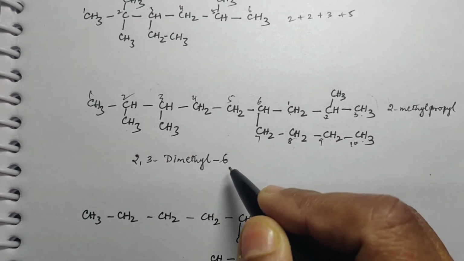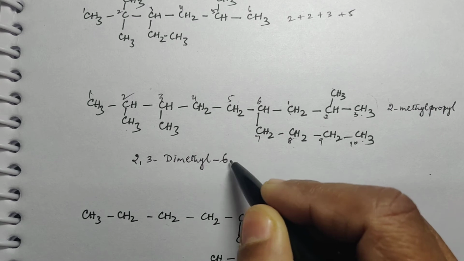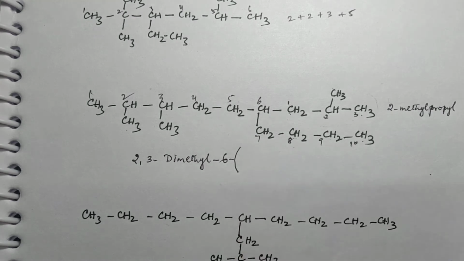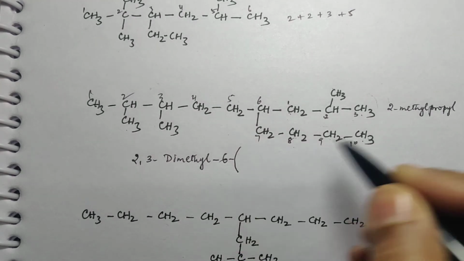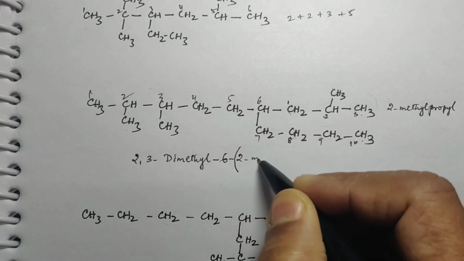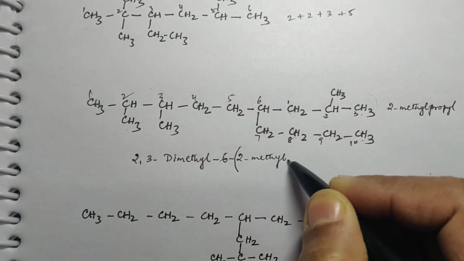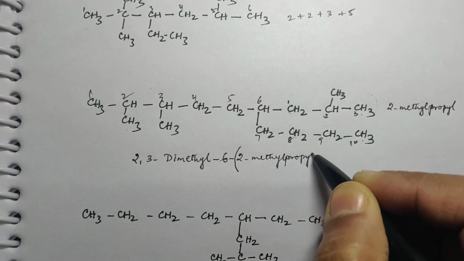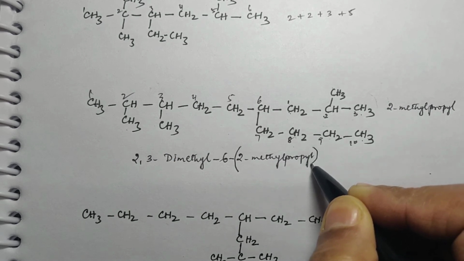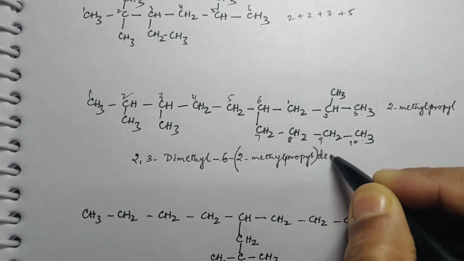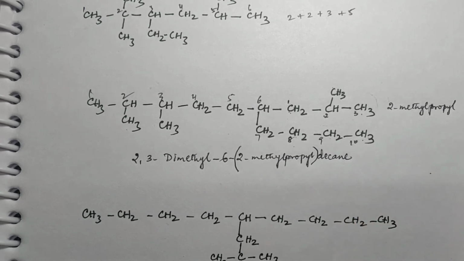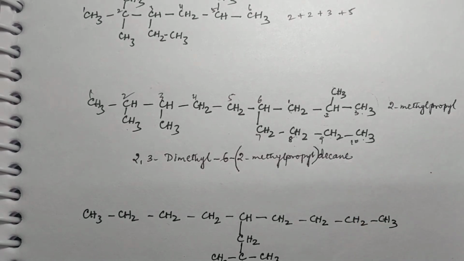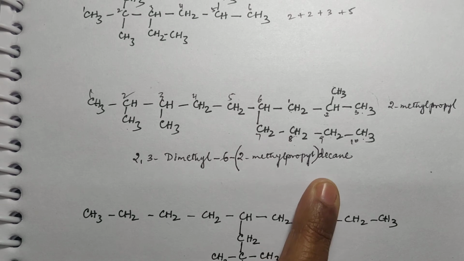Then for 6, what you have to do is again put a hyphen, then open up a bracket, inside which you will write this 2-methyl propyl, then close the bracket, and then the long chain, that is parent hydrocarbon, that is decane. So this is how you will write. Okay.